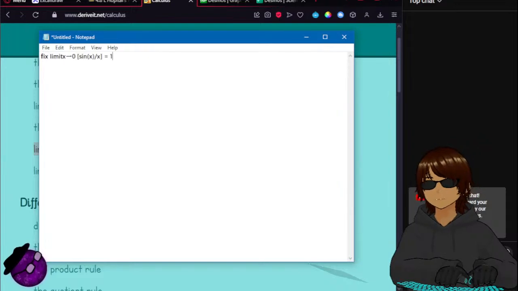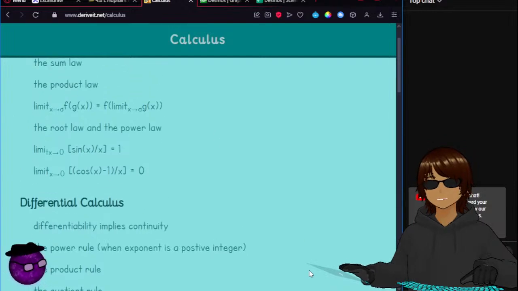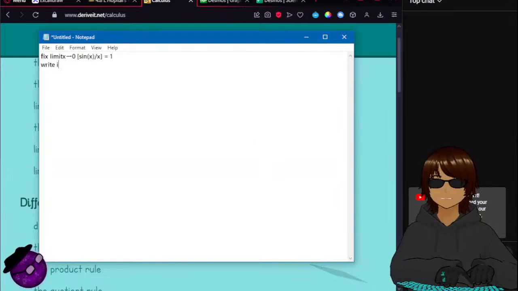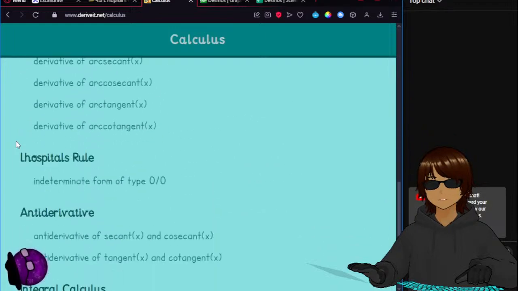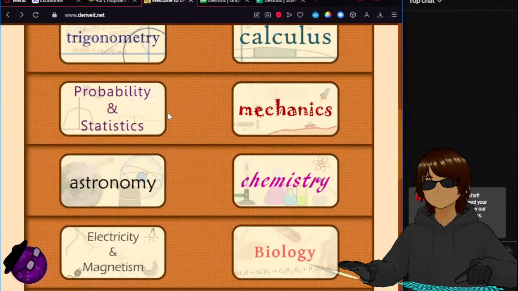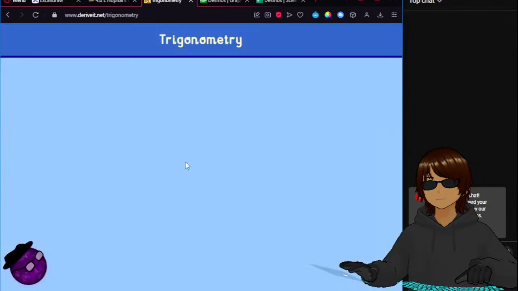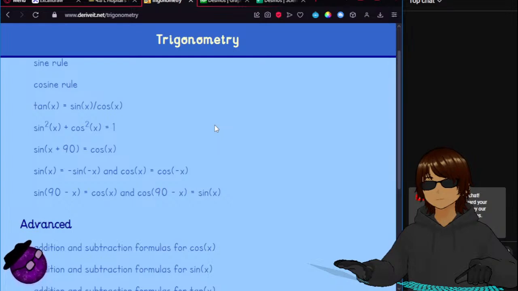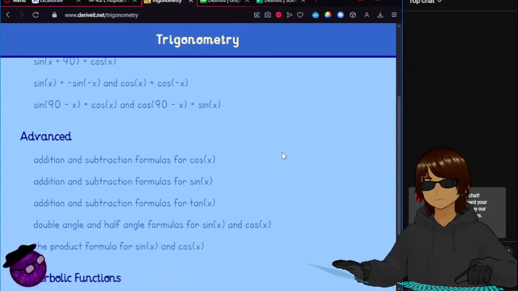I need to write the identity for 1 over sine x so I can have it in my website. I thought I had written this. Oops. Apparently I did not.